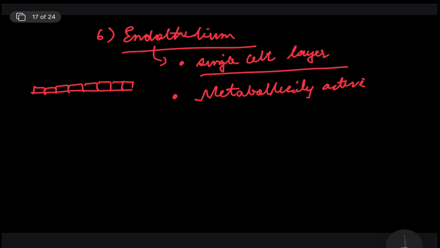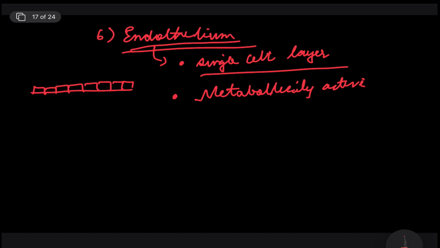How does it undergo metabolism? All those nutrients and all of that. Remember, the cornea is a living tissue, so obviously it has to undergo metabolism. Which part of the cornea is metabolically active? Endothelium. Done? Done. Now, very importantly, let's talk about the endothelial cells.